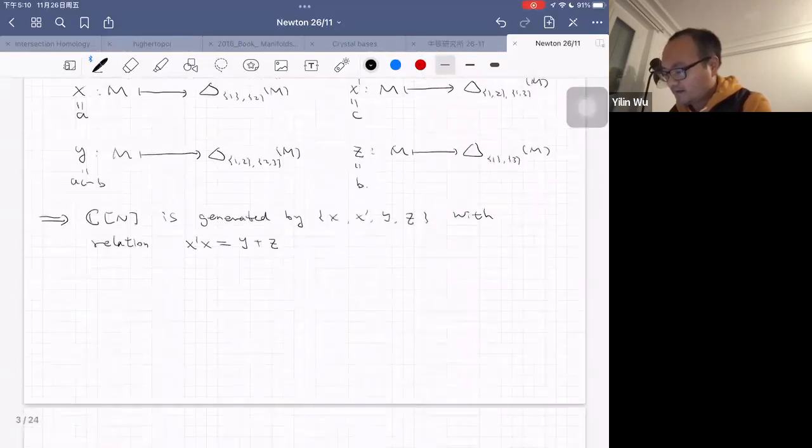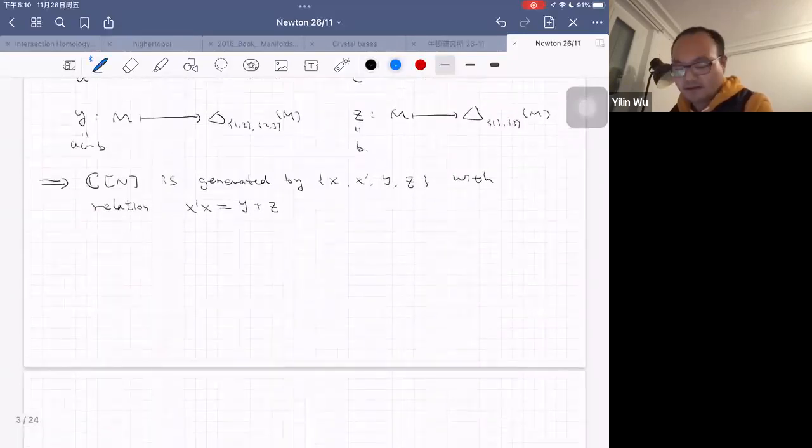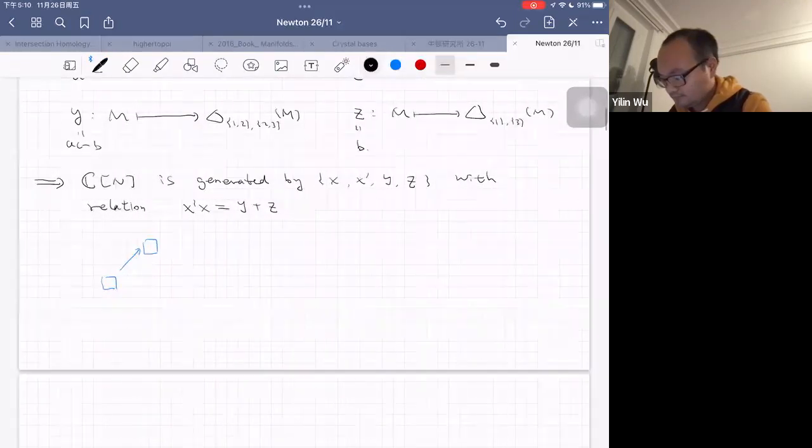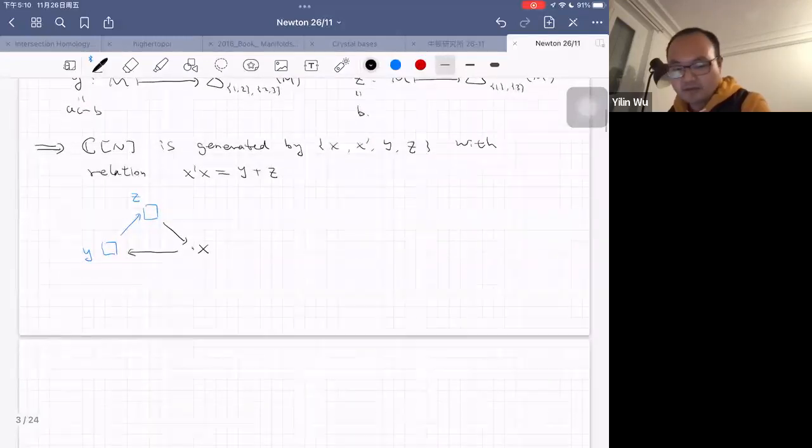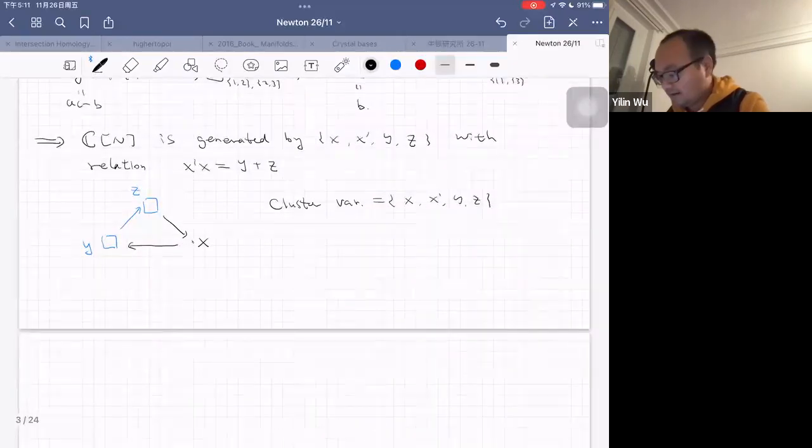In this case, the associated quiver is an S-quiver. Here we put y and z as frozen, and another one is we put the variable x. So in this case, the cluster variables have 4 elements. And in this case, this is cluster type A1.